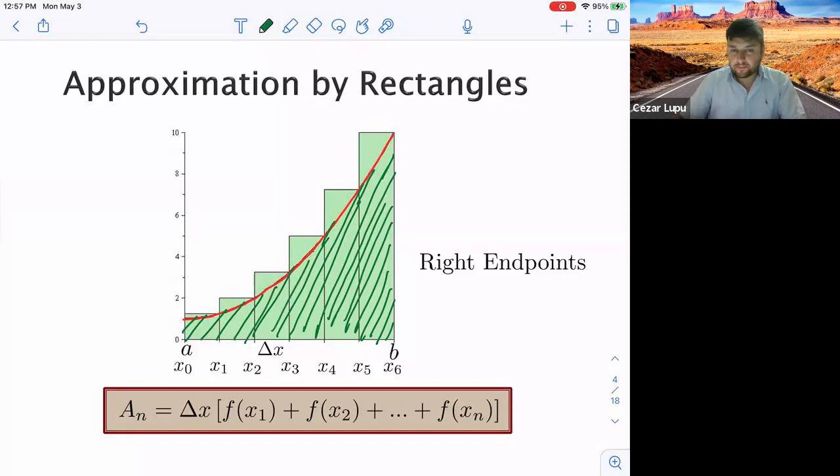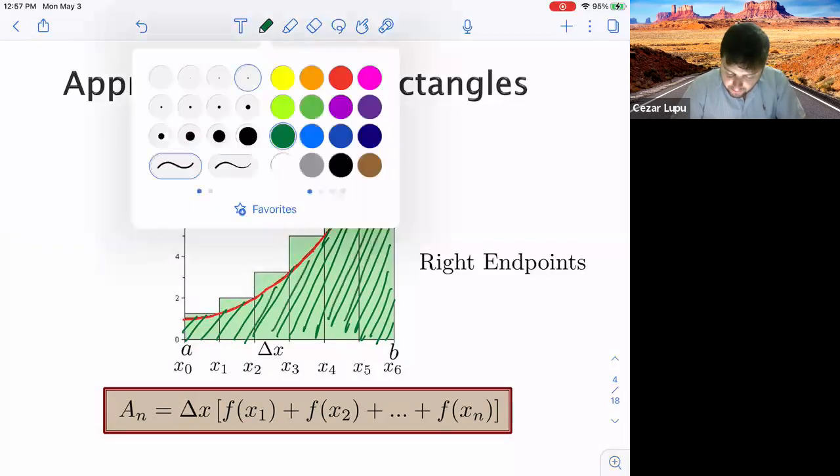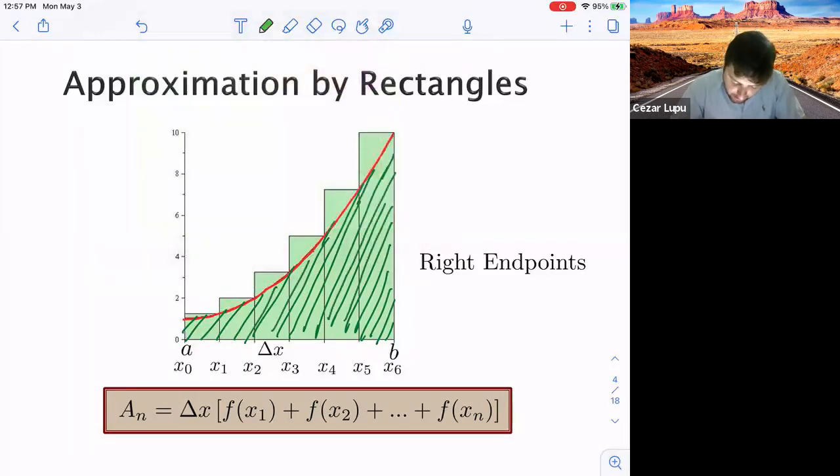You see, the thing is that it will be too low, because if I approximate by rectangles, let me look at this here. This is the first rectangle. Now let's look at the second one. Again, let me give you the example with 6 rectangles, and let me look at the third one. Then this will be the fourth one.